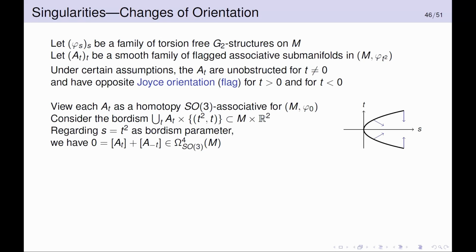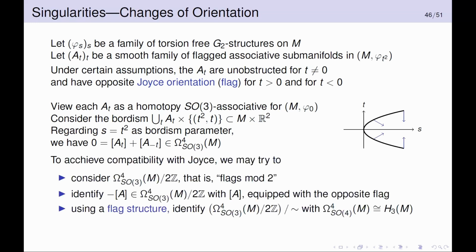And if we take s as a bordism parameter going from negative s to positive s, then we see that 0 equals A_t plus A_{-t}, as written down. However, Joyce tells us that A_t and A_{-t} are not negative of each other, but they just point to a different orientation in the moduli space.